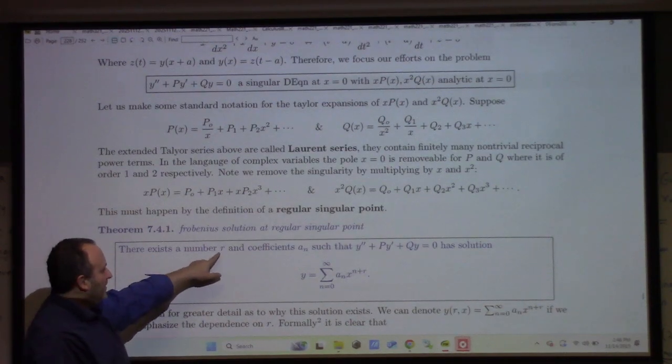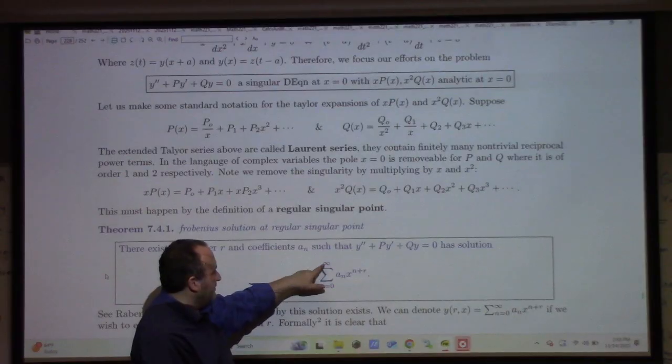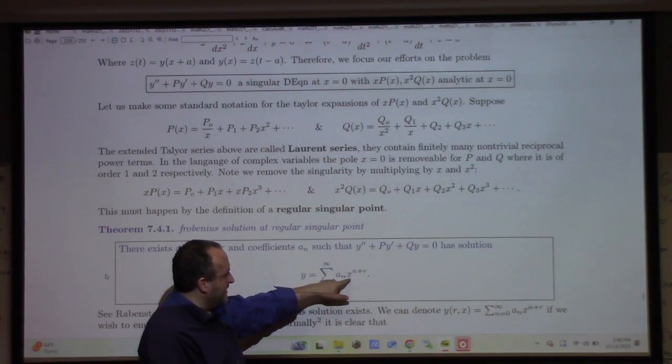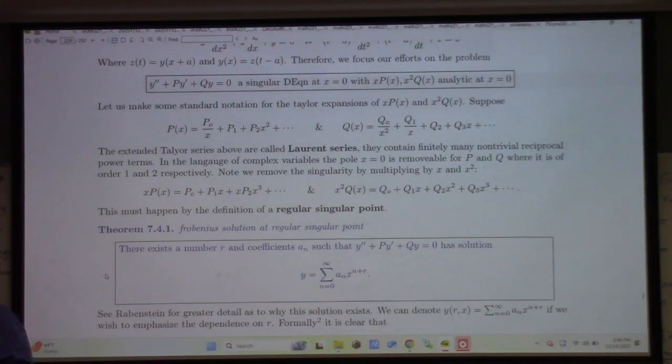there exists a number r and coefficients a sub n such that y equals the sum from n equals 0 to infinity of a sub n x to the n plus r, which solves the equation. Isn't this just what we've been doing? What's the difference?